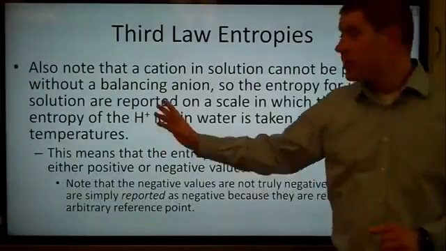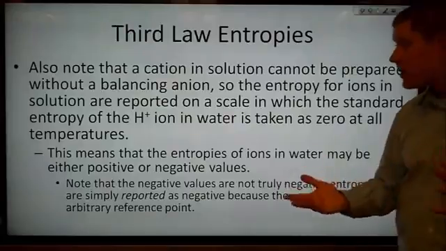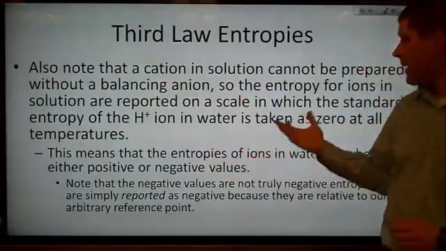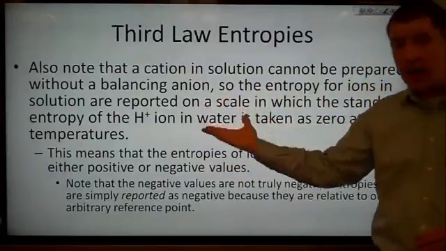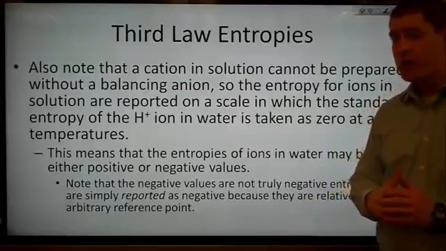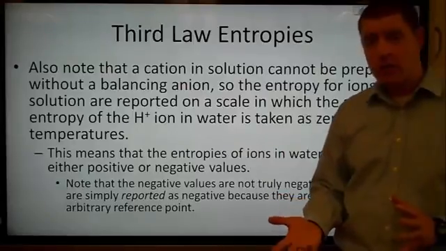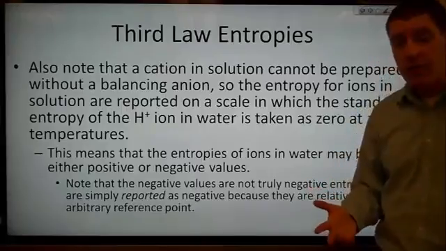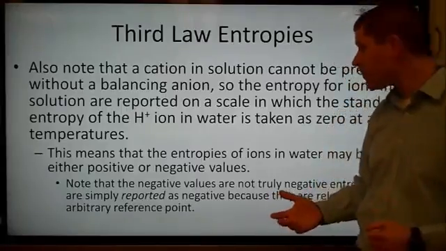All right, so also note that if we're talking about cations or anions in solution, a cation in solution can't be prepared without a balancing anion, so we can't measure just, let's say, a hydrogen ion entropy, because we need some negatively charged anion around with it.